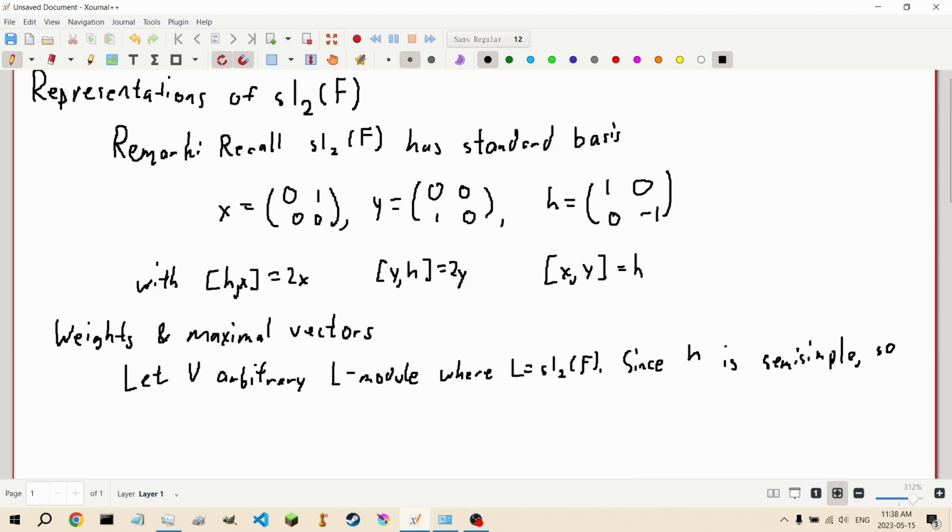So since H is semi-simple, it acts diagonally on our V. And we're assuming that F is algebraically closed, of course, so we have all of the eigenvalues in F.